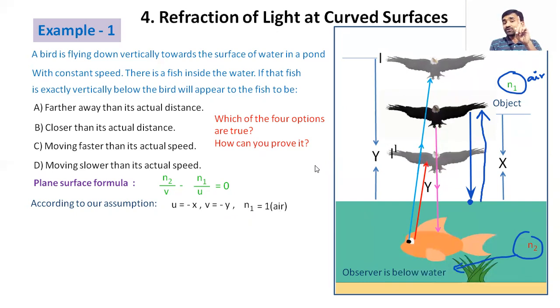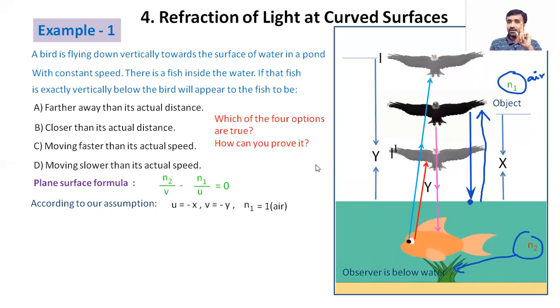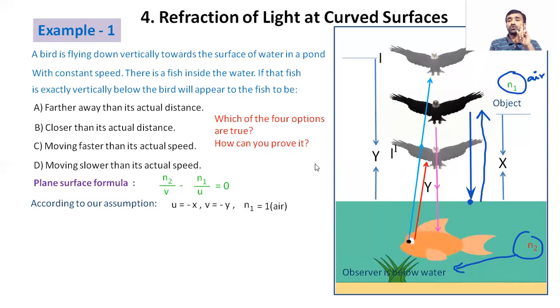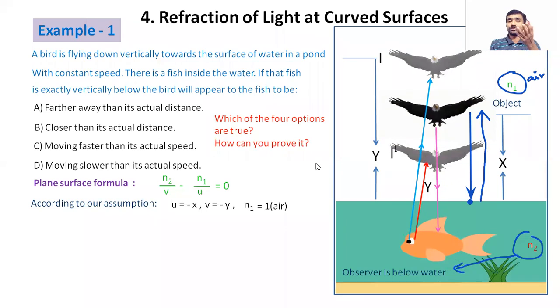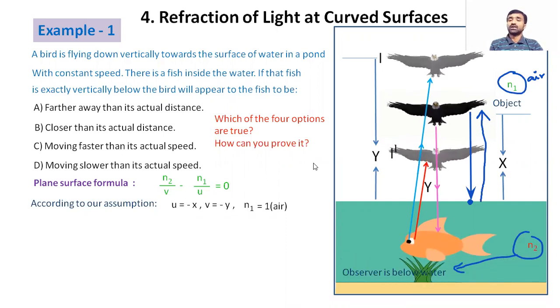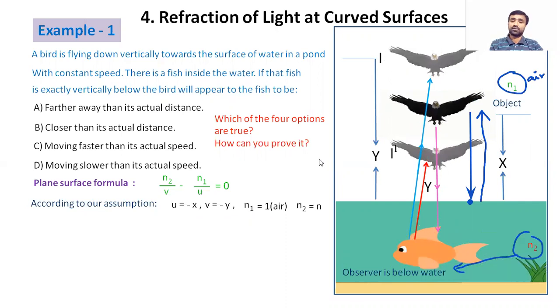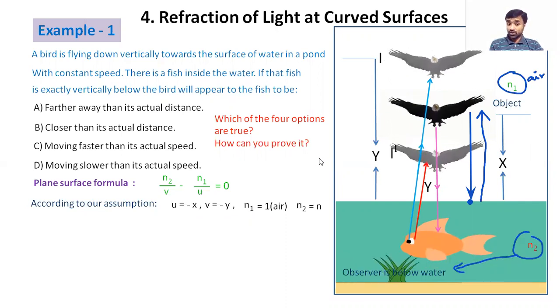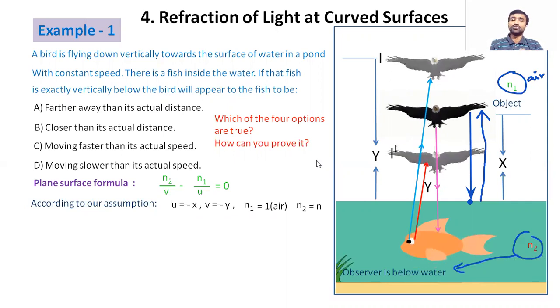Actually the refractive index of air is 1.0003, but the approximation is given as 1. Then the water's refractive index n2 is an unknown value that I take as n.